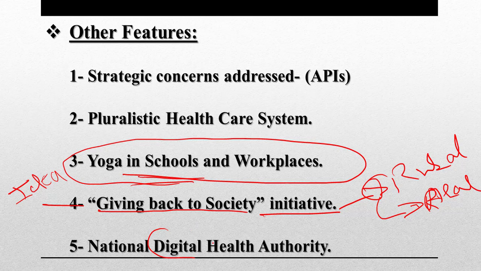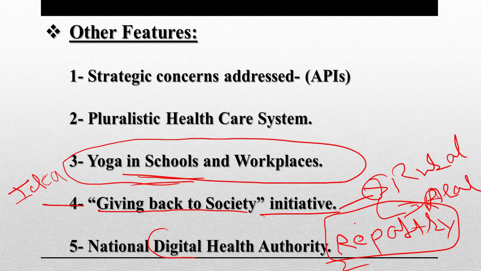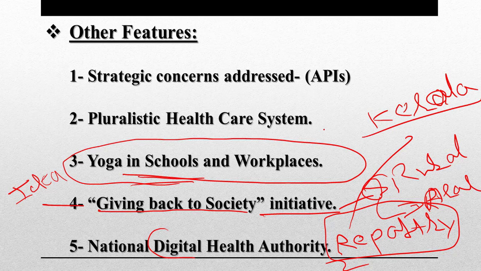Now another authority, the National Digital Health Authority, would be created, which would be a repository of data for all types of health ailments that a particular demographic area is going through. Let us say Kerala or Tamil Nadu: all the health ailments that the population of the respective state has gone through would be available at the click of a mouse.